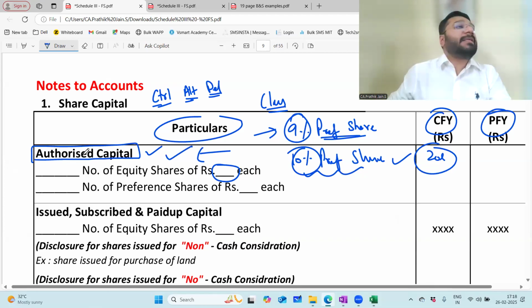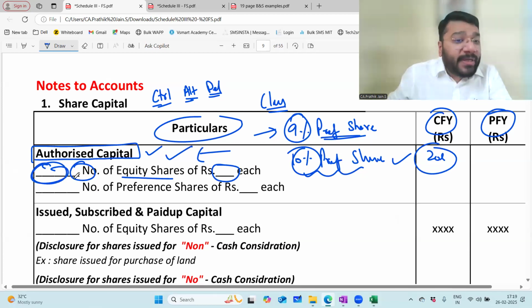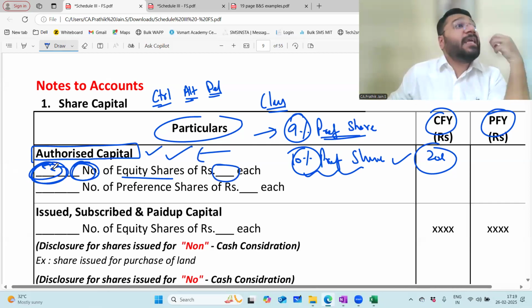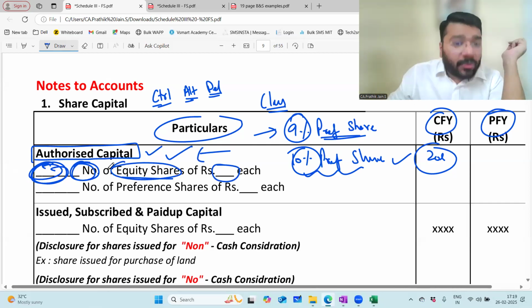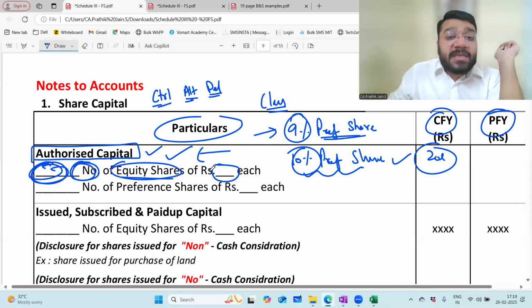So in this, what am I supposed to disclose? First, I have to disclose how many equity shares you're going to issue, that is, how many equity shares are authorized. So the quantity of the shares has to be disclosed. That is the first point. Second, these shares belong to which class, equity or preference? You have to mention that also. And third, what is the face value of the share?